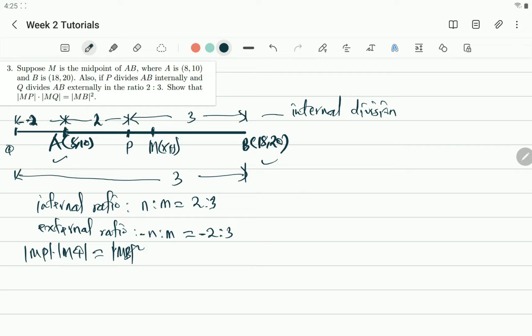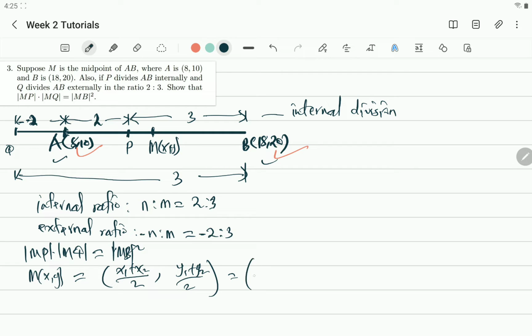We would first of all have to know the midpoint M. So we know that M(x, y) as a midpoint formula is (x1 + x2) all over 2, (y1 + y2) all over 2. I have the points for A and B already given, so let this one be our first point, and let this one be our second point.